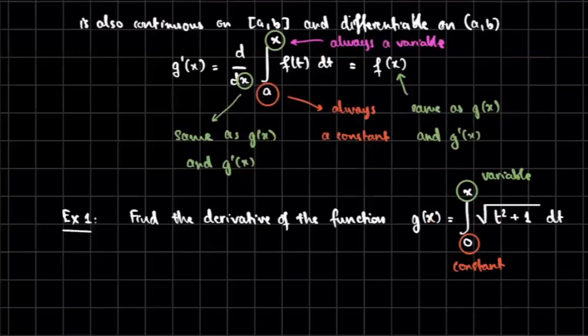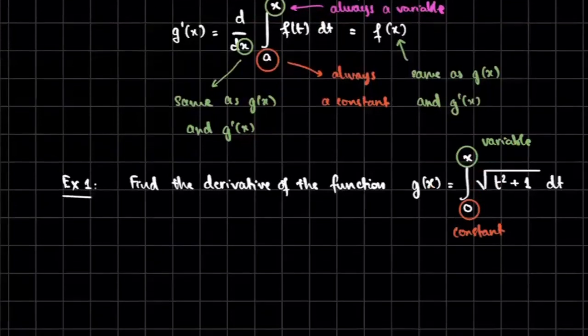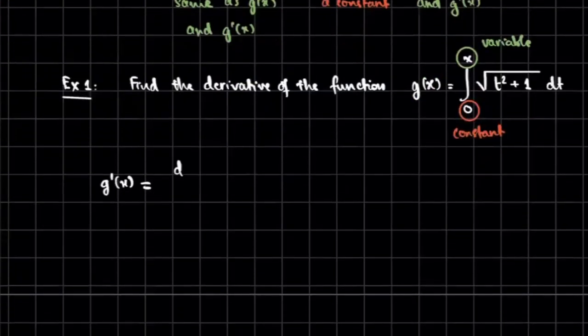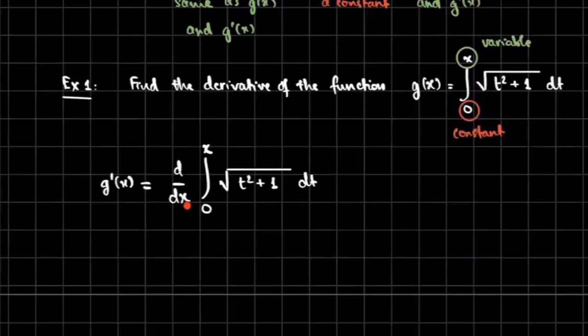Now to find the derivative of this function, you just do g prime of x equal to d dx of the integral from 0 to x of square root of t squared plus 1 dt. Okay. Again, the lower limit of integration is a constant, the upper limit of integration is a variable, and this variable is the same with g of x, right? The same with g prime of x, and the same with the variable that you want to take derivative on.